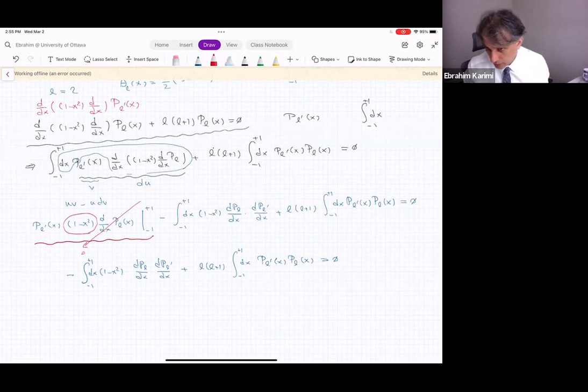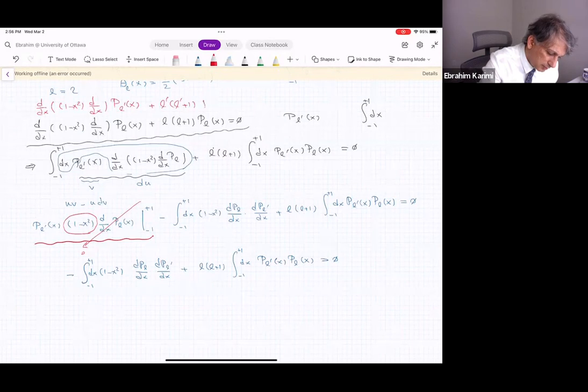That's also again a Legendre differential equation, but we have to substitute L with L prime in order to satisfy the differential equation. So that will be plus L prime times (L prime plus 1) P_L'(x) equal to 0. All right, so it's identical.